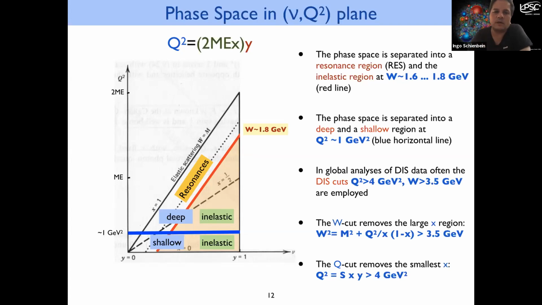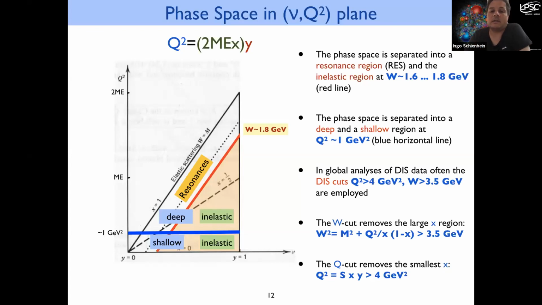And this is shown by this red line, which is separating the resonance region from the inelastic region. Then one can also slice the phase space into a deep and a shallow region by this blue line. So the blue line is a constant Q squared, here Q squared of 1 GeV squared. And what is above it would be called deep, and what is below it would be called shallow.